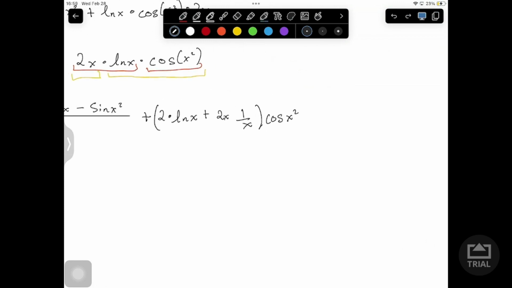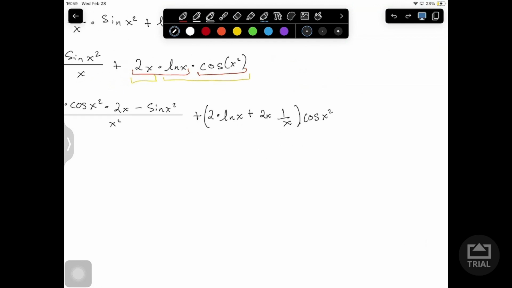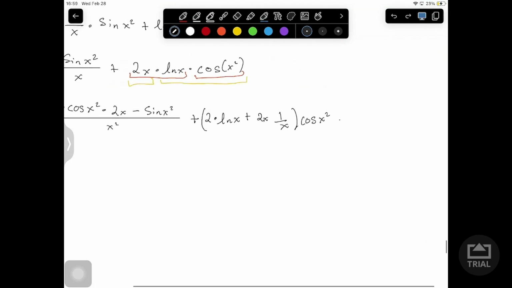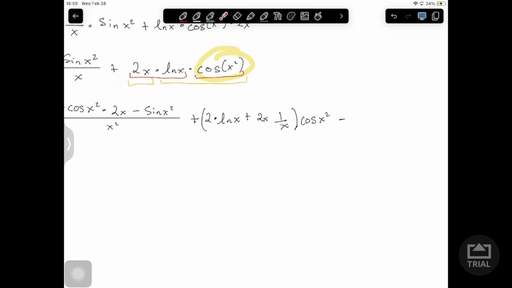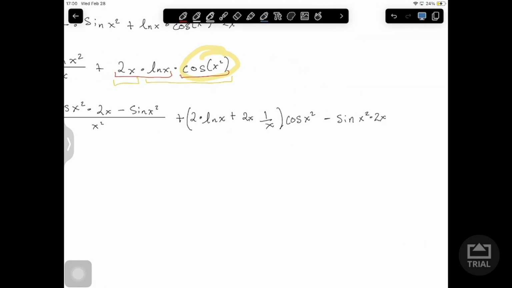Now we're going to subtract that by the derivative of this portion right here. I'm looking at the answer and you have to subtract it by the derivative of cosine, which is negative sine x squared times 2x, and then you're just, oh, I see.